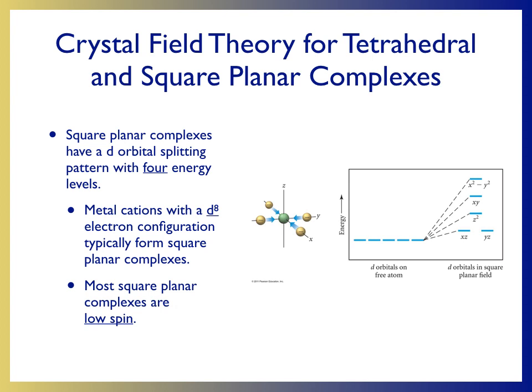And we find that there are actually 3 different deltas, meaning that they split into 4 different energy levels. Most square planar complexes are low spin due to the complex splitting pattern. Remember, as I said, we're going to focus mostly on octahedral.